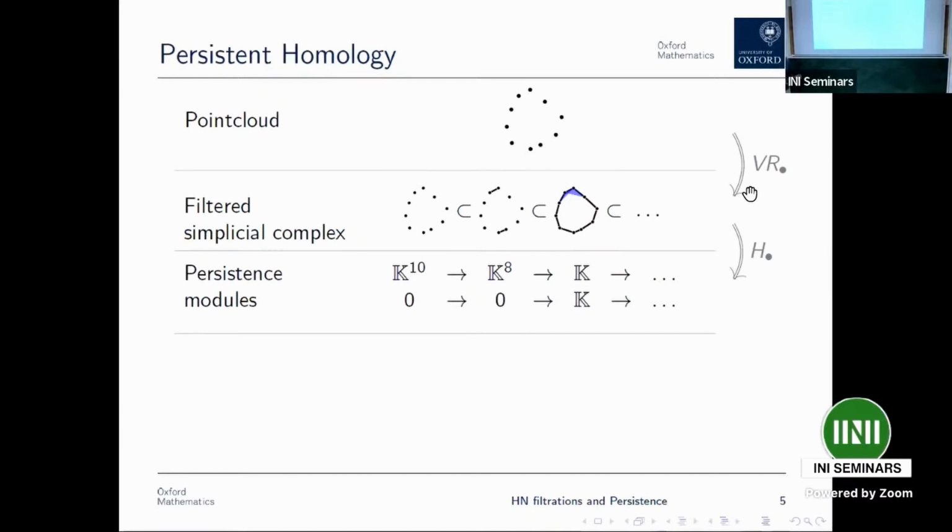Since we take homology over some fixed field, this lies in the realm of linear algebra: it's a bunch of vector spaces and linear maps. And the last step is to take a summary of those persistence modules, which is both discrete and easily interpretable. Those are the persistence diagrams, and they look like this. I will go into slightly more detail for each of those steps.